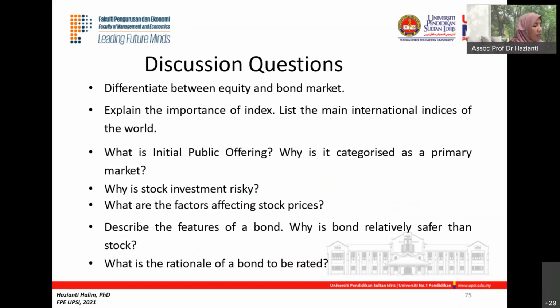Alright, so I have a few discussion questions for you that you can try to answer. First of all, you should be able to differentiate between equity and bond market.